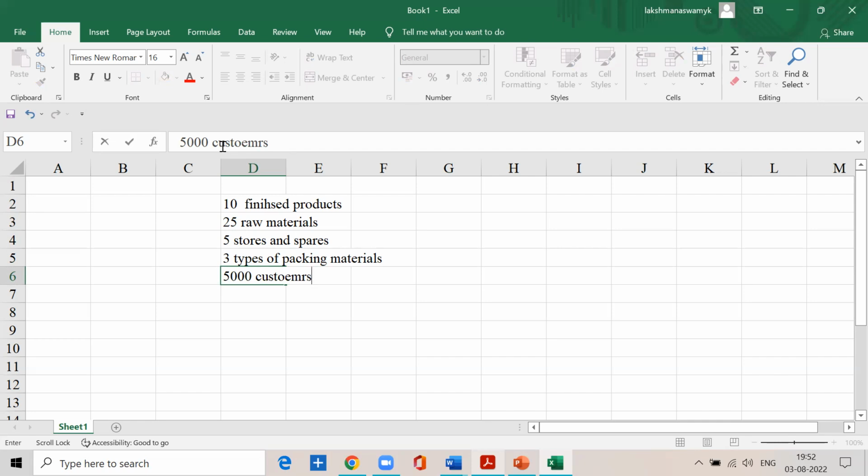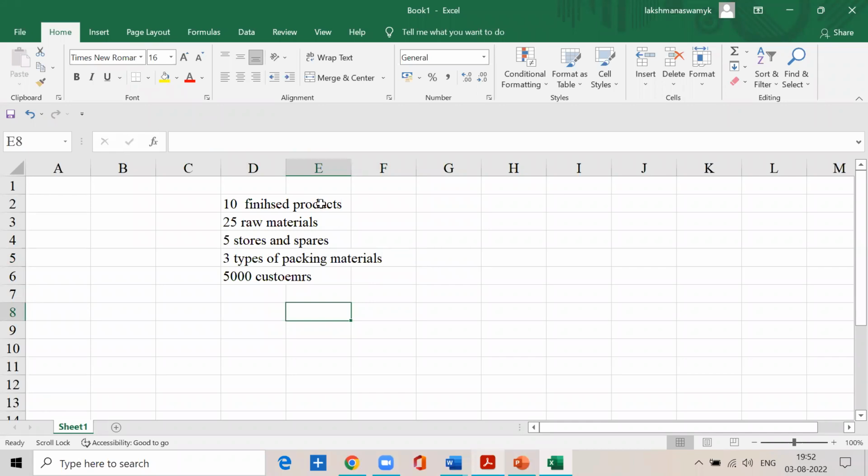Now, after 31st March 2023, we have to prepare the financial statements, right? Then, as on the 31st March 2023, you may have the inventories of 10 finished products, 25 raw materials, 5 stores and spares, 3 types of packing materials, and there may be some work in progress of these 10 finished goods, right?